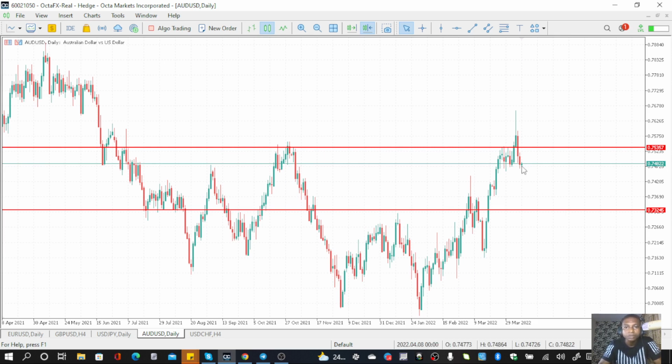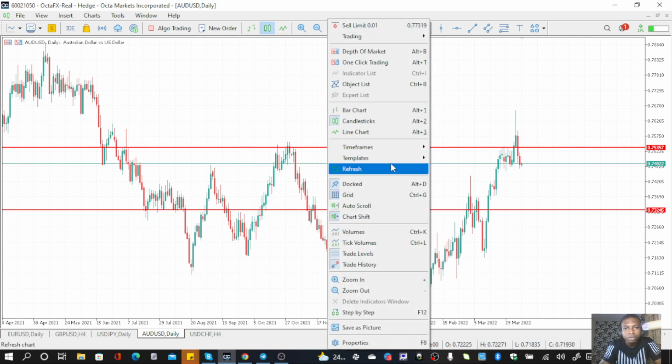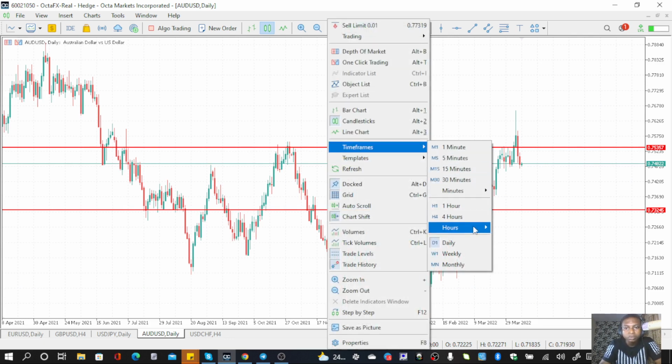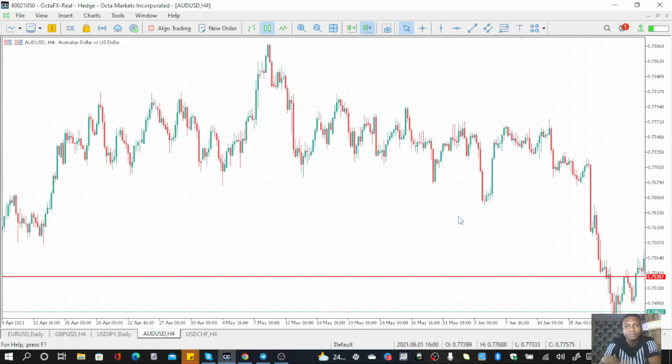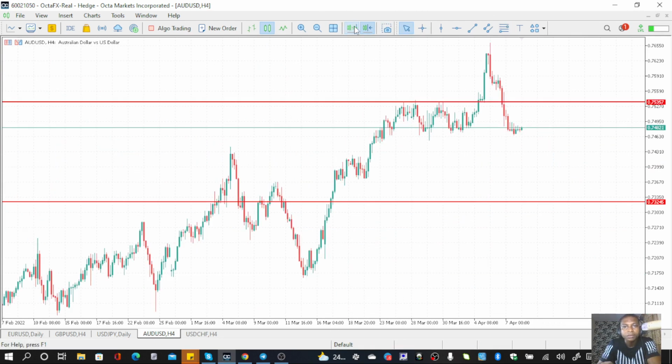Okay, so this is the daily time frame. Let's go to the 4 hours. What do we have here? Fantastic. So we can see something different playing out here. On the 4 hours chart, we can see that there has been some level of consolidation at this level as well before a breakout, right?